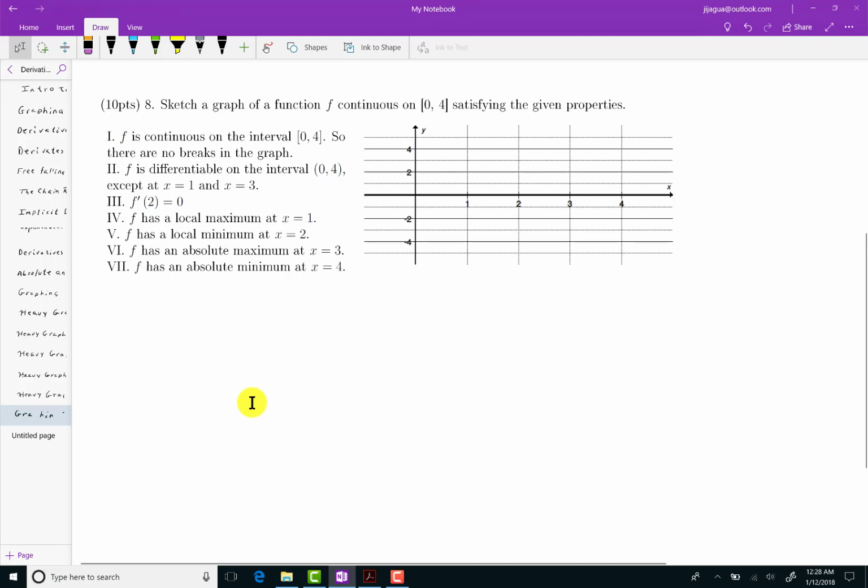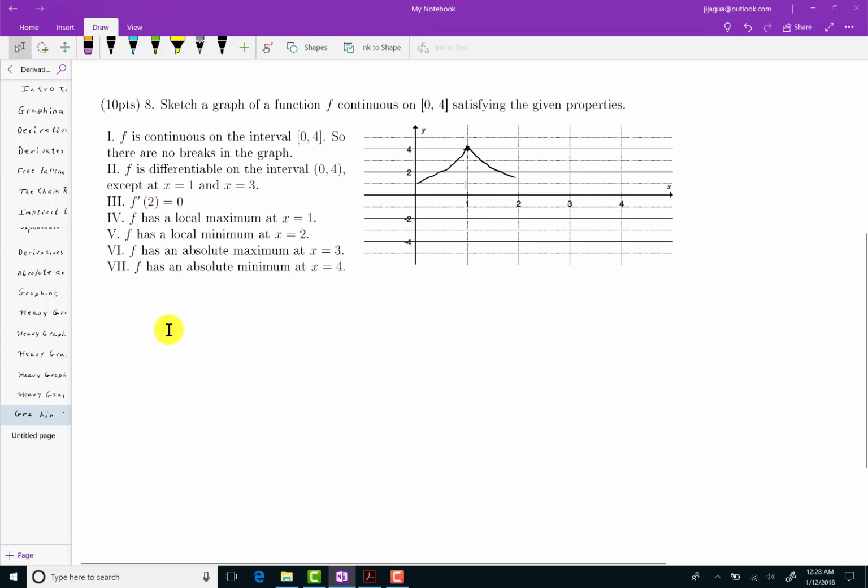If I go and put something at 1, if it's a local maximum at x equal to 1, then since it's not differentiable there, I could probably do something like this. I'll change that in a minute, depending on what the rest of the stuff says, but that's the kind of thing that can happen at 1. F prime of 2 equals 0.